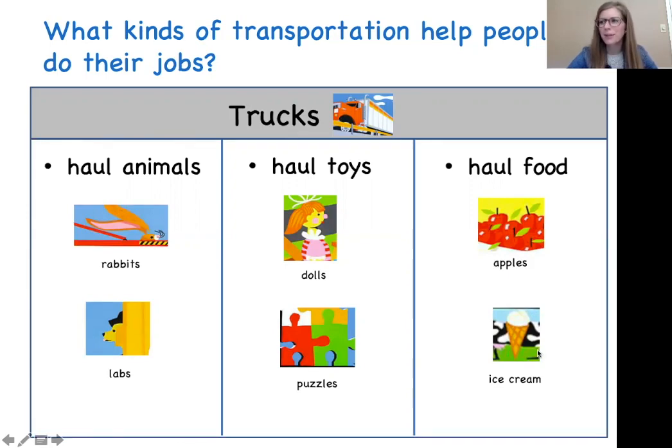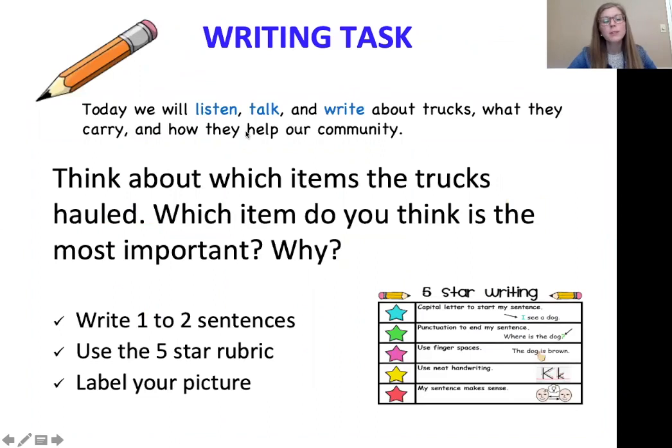Great remembering. Now that we have reviewed what trucks haul, let's talk about our learning target for today. Remember today we were going to listen, talk, and write about trucks, what they carry, and how they help our community. I want you to think about which items the trucks hauled in our story. We're going to write our opinion about which item we think is the most important.